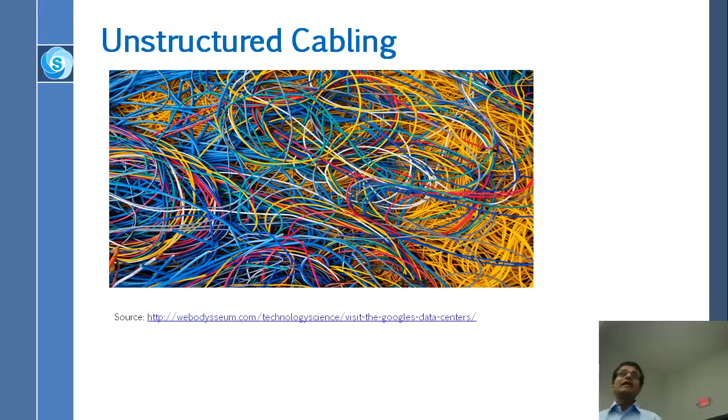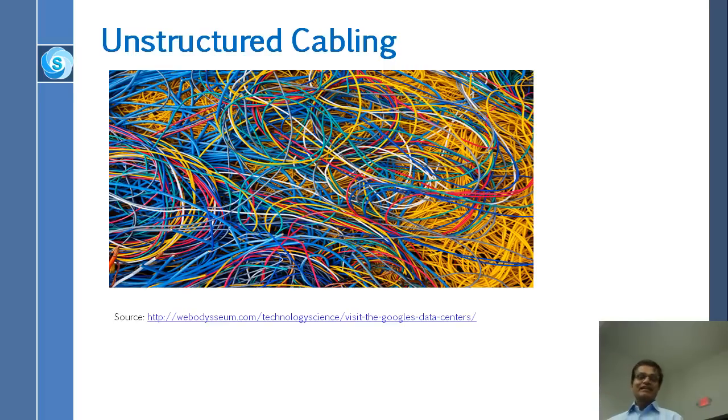Now we talk about cabling. We come to the networking part of it. This is not very good to look at, but some places the cabling does look like this, or looked like this at least before. Right? At least in the attic of my house, this is how it looks. I can't figure out which cable is coming from where and going where.